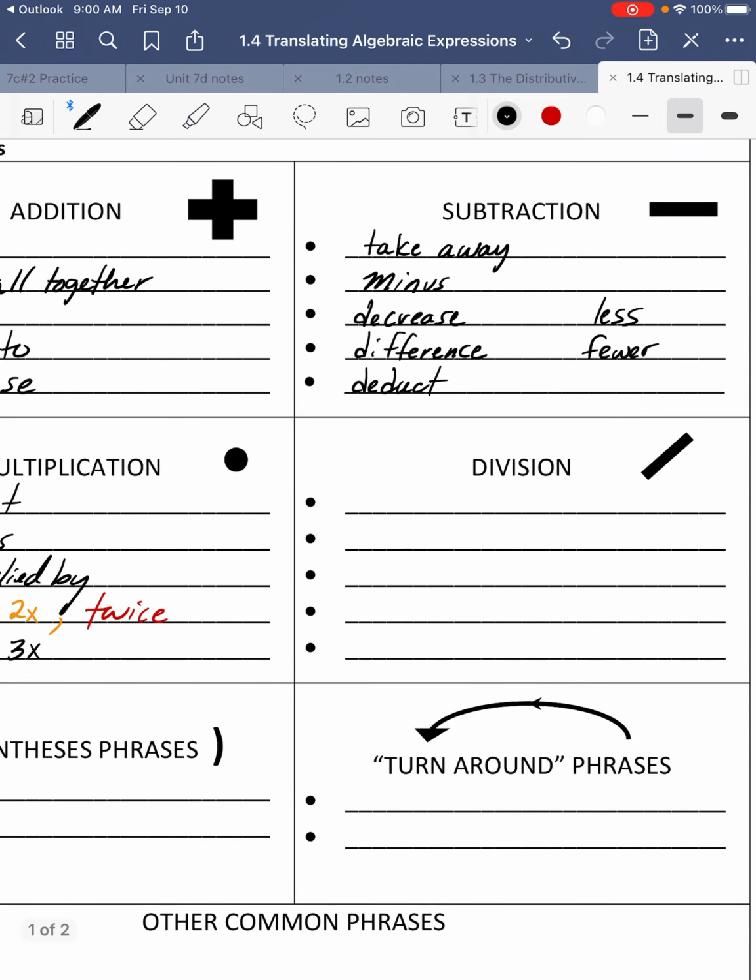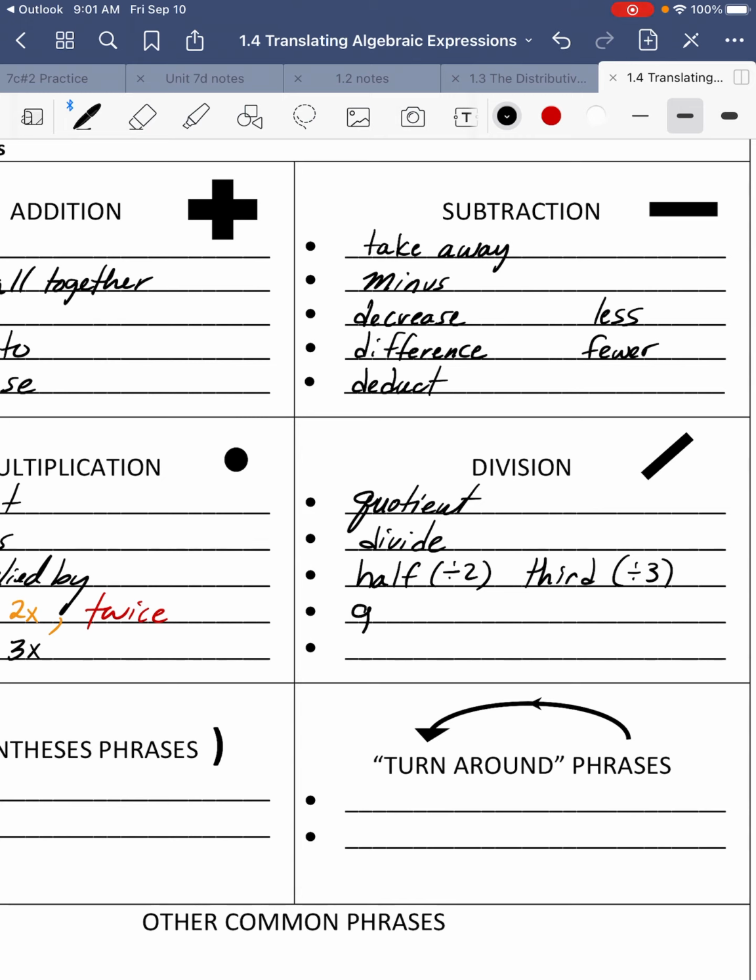Now with division. Division we have quotient. Ooh, that's such a good word. Divide. That's a common one. Half. Half would be like dividing by 2. You could do a third. Same thing. You're dividing by 3.